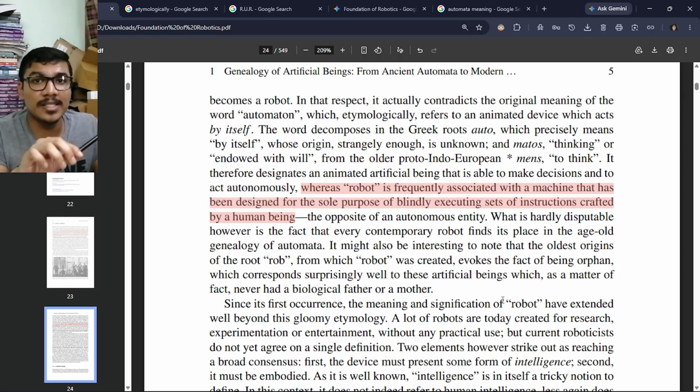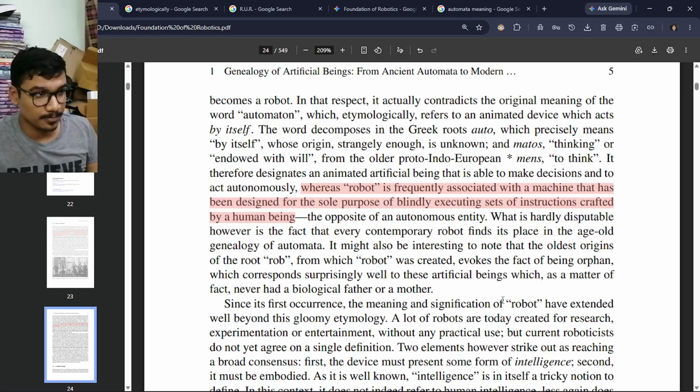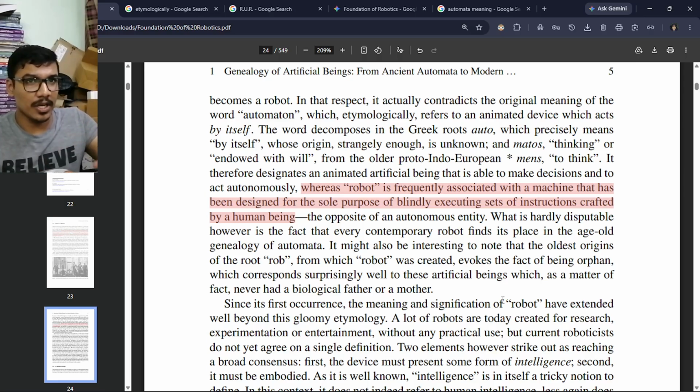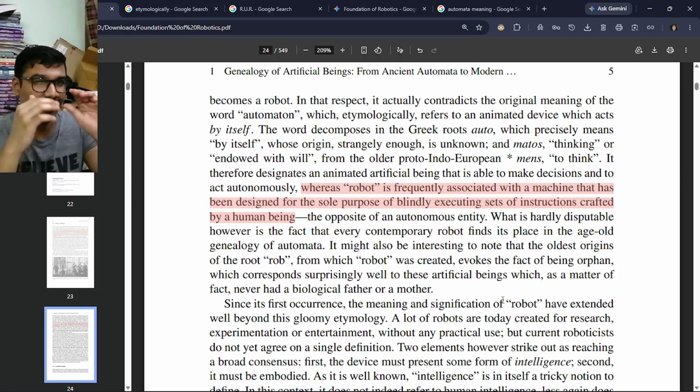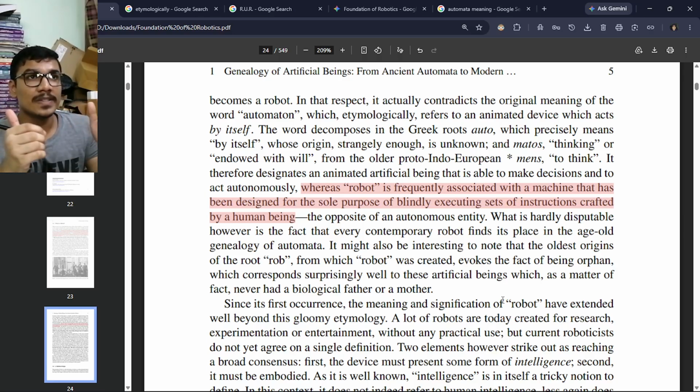Being autonomous is basically thinking on its own and making its own decisions. So basically, that's artificial intelligence. Whereas a robot is basically an entity or a device, any machine designed to operate on a particular set of instructions, basically an algorithm made by humans, and it's not allowed to take decisions.